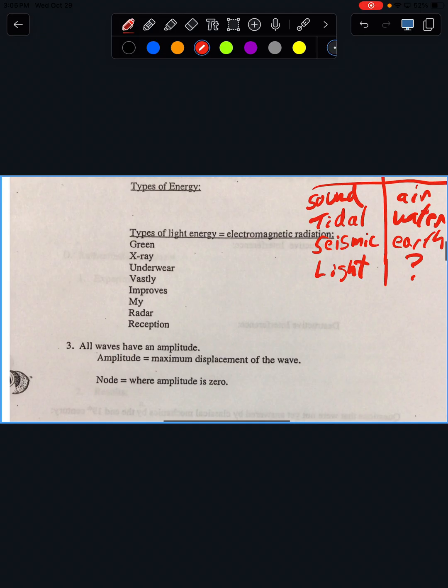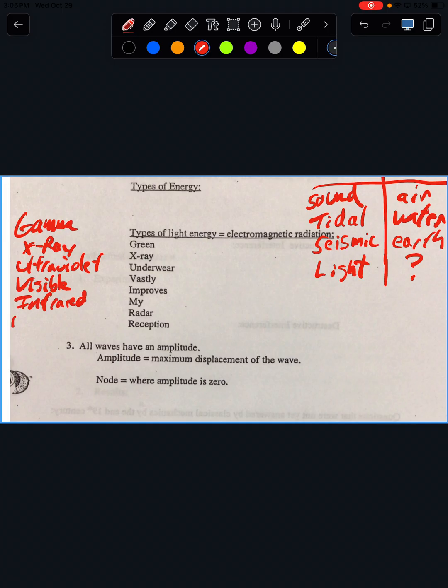There are 8 forms of light. Gamma, X-ray, ultraviolet, visible, infrared, micro, radar, and radio. Write down those 8 forms of light.